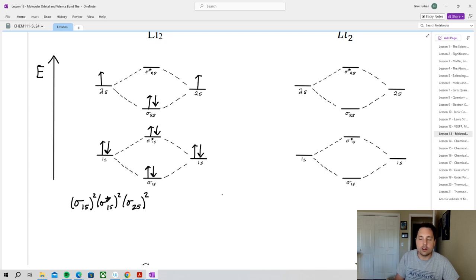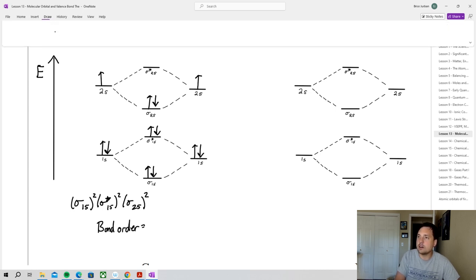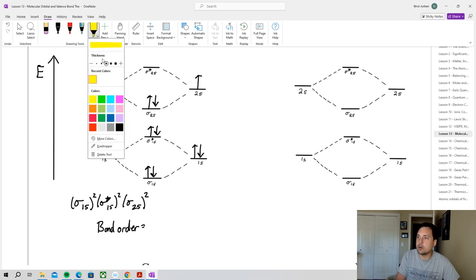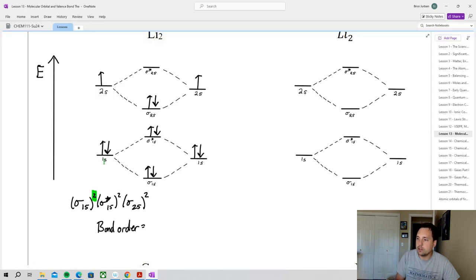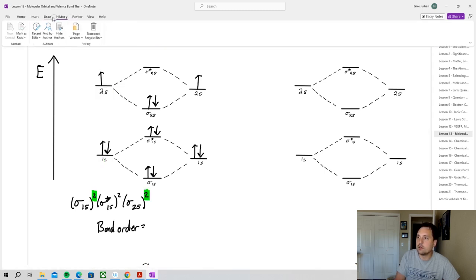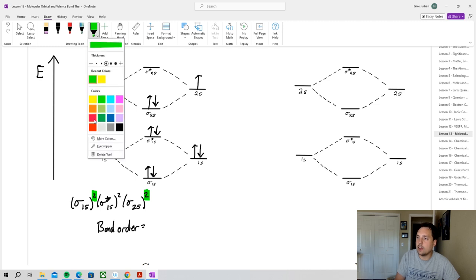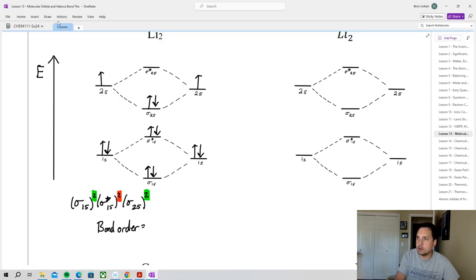And then if we go to calculate the bond order, it's going to be 1/2 here, because we have 4 electrons that are in bonding orbitals, these ones, and then we have 2 electrons that are in anti-bonding orbitals, these ones here.